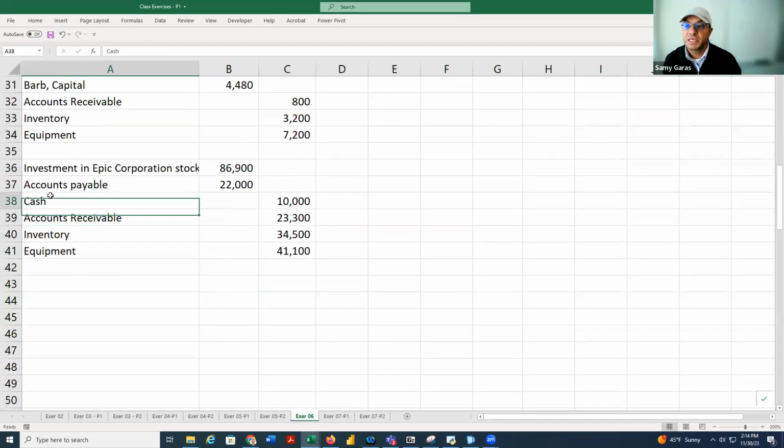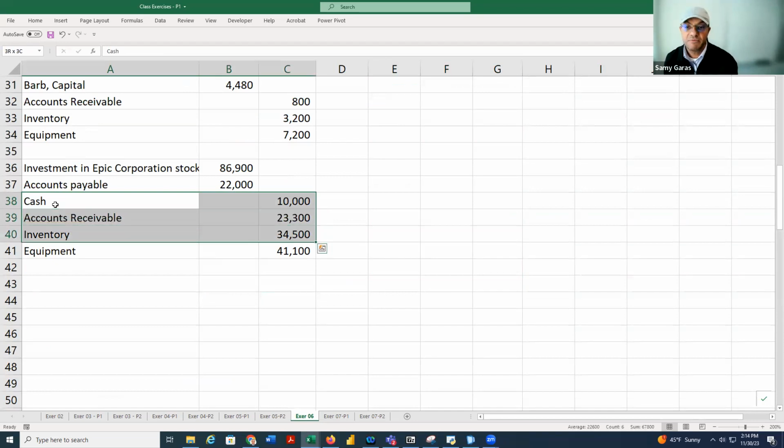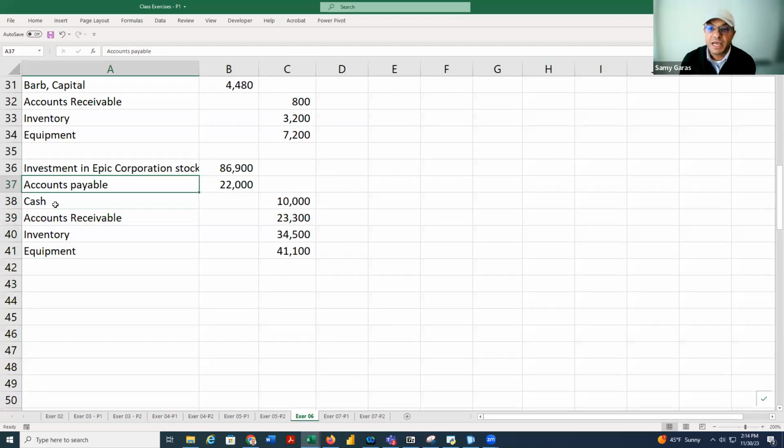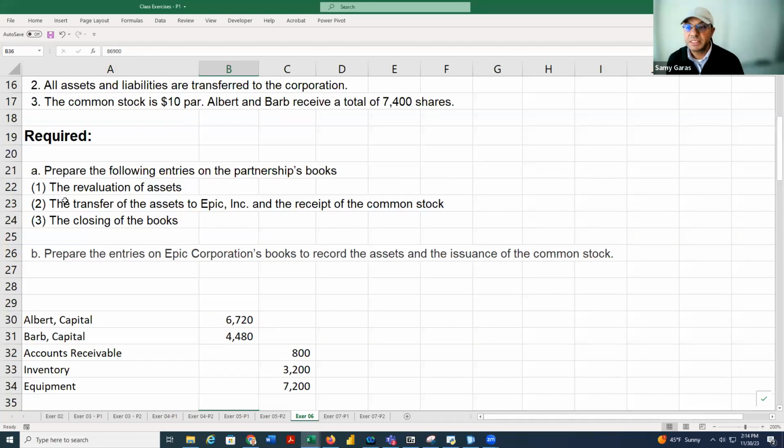So here we see we credit cash, receivables, inventory, equipment by fair value. We debit accounts payable and the investment in Epic Corporation for the balance. How do we get the 86,900? It's the total credit minus debit, we get the balance. So this would be the second one, the transfer of the assets.